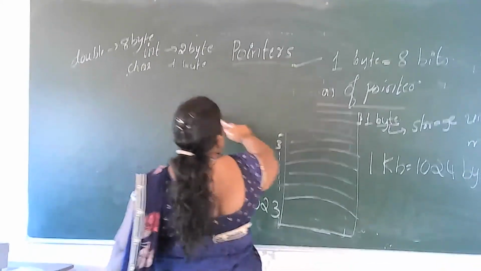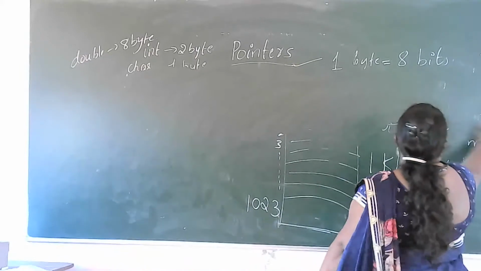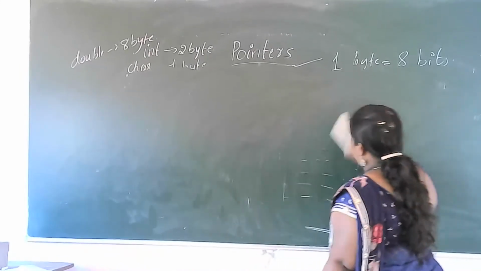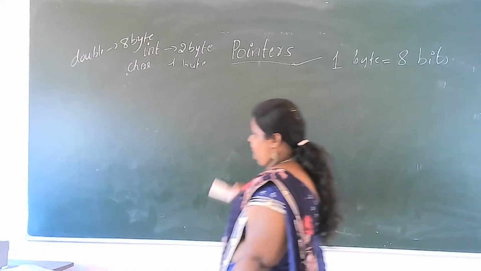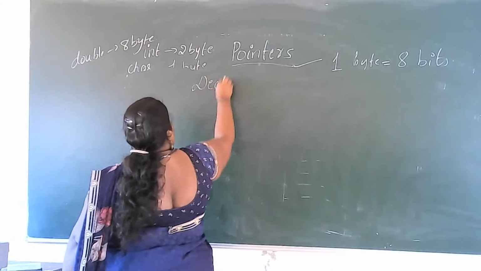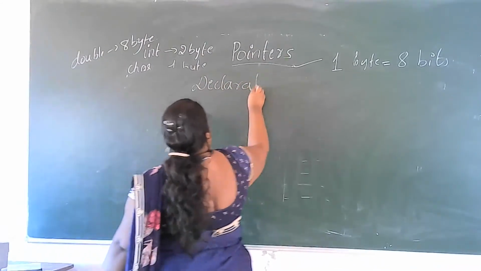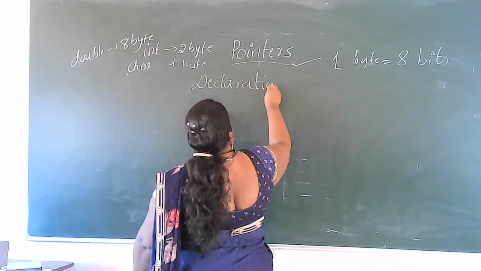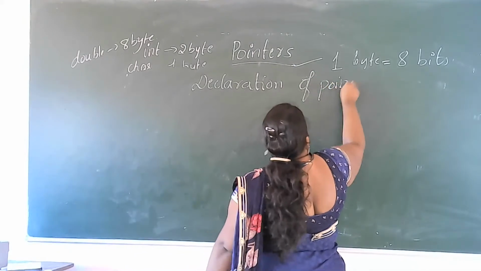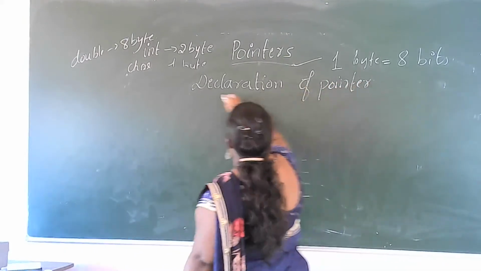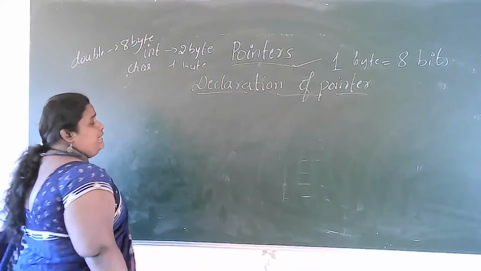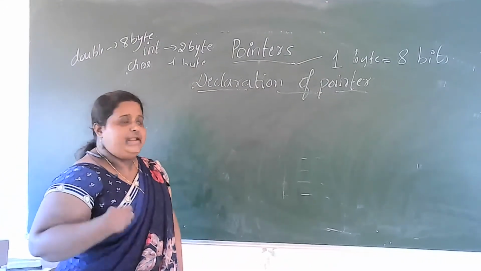Next is the declaration of a pointer. You all know the declaration of a normal variable, right?